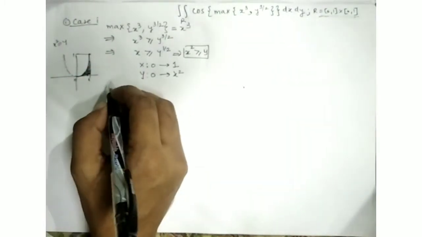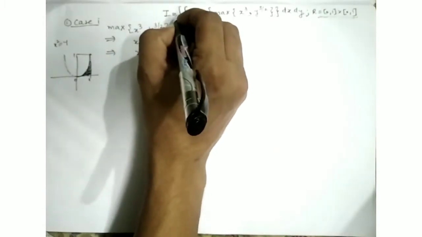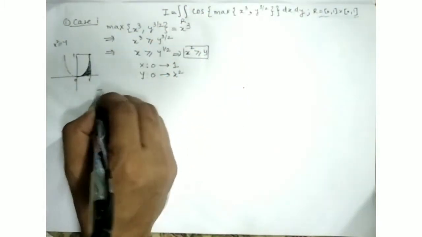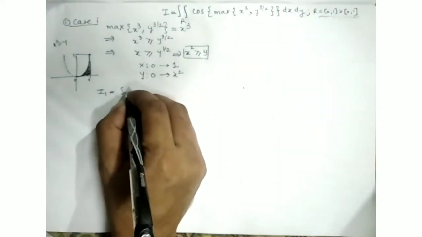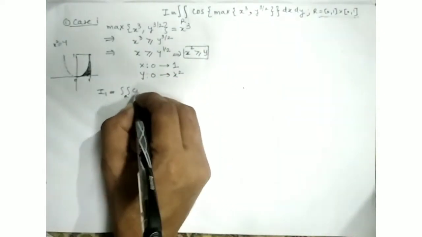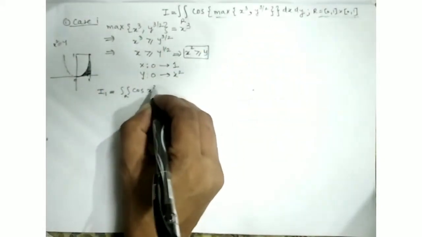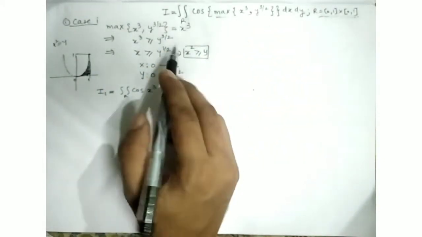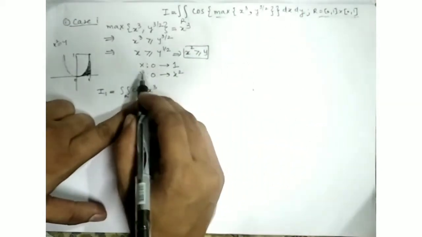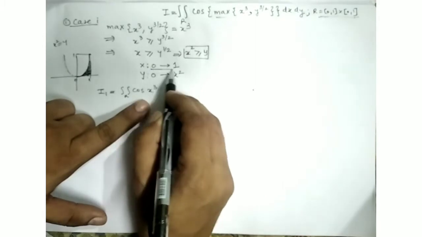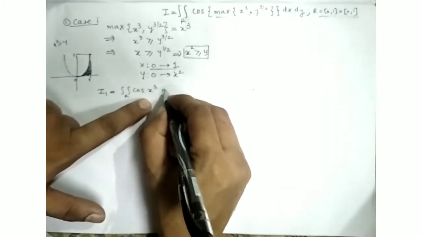If I consider this whole integral as I, then my first case will be I1. So what will be my I1 integral? This is nothing but the double integral over R of cos of x cube, since in this case our max function is x cube. In the given question we have dx dy, but our constant limits are 0 and 1, so dx will be outside and dy will be inside.